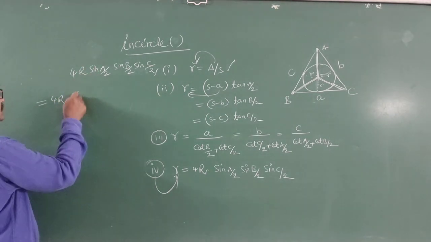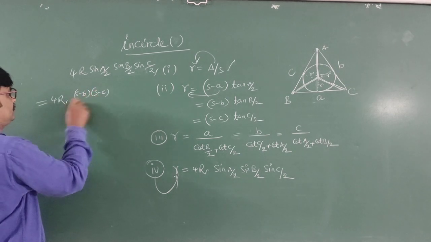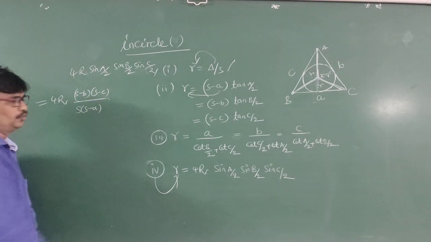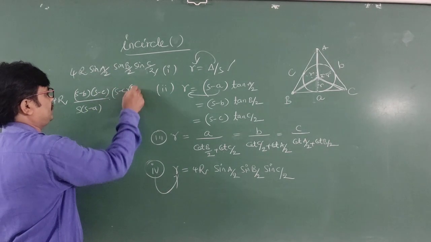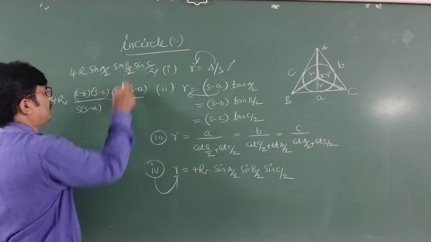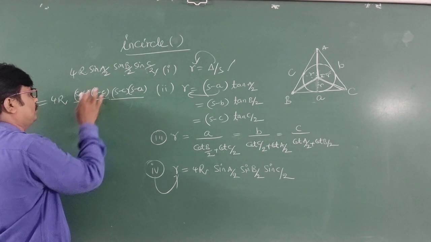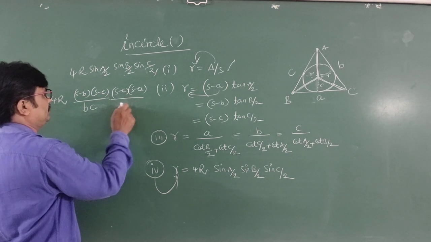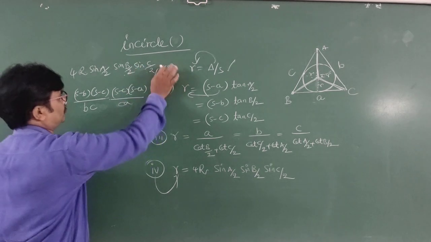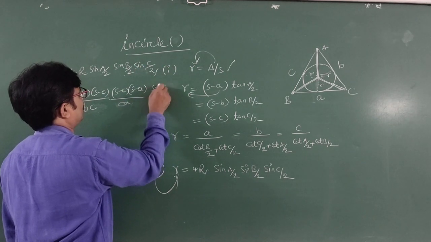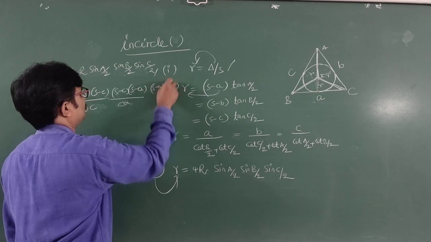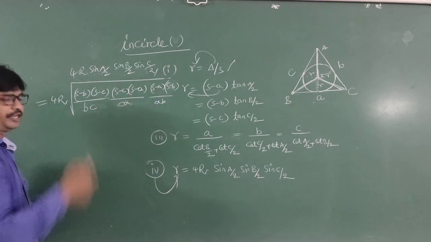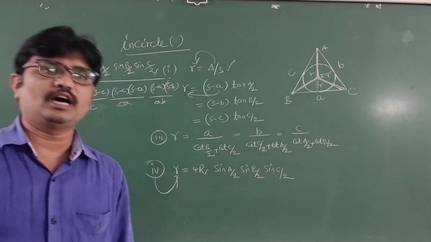This is under root (s minus b)(s minus c) upon bc. Sin B by 2 is (s minus c)(s minus a) upon ca. Sin C by 2 we can write as (s minus a)(s minus b) upon ab, under root. So dear students, root a into root b into root c, root of abc.